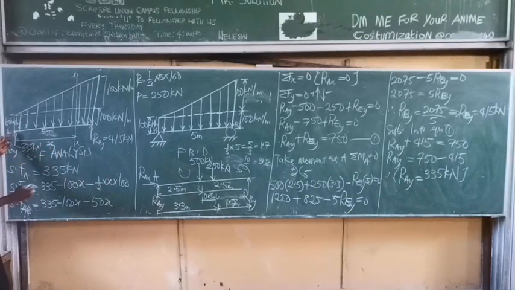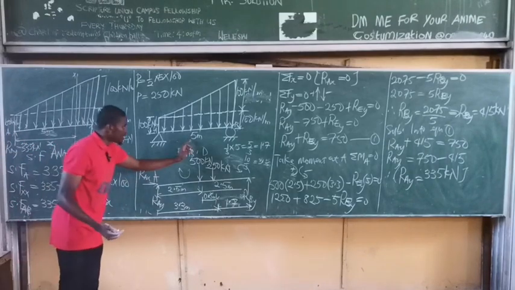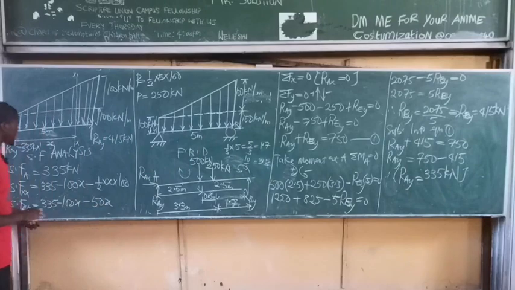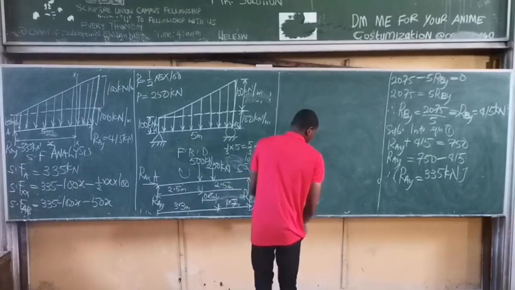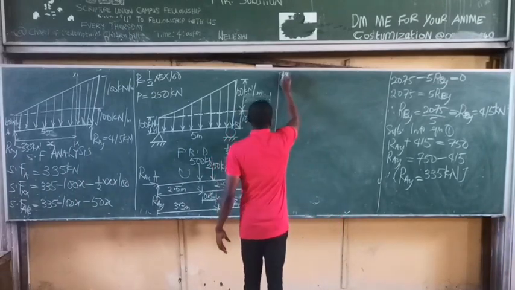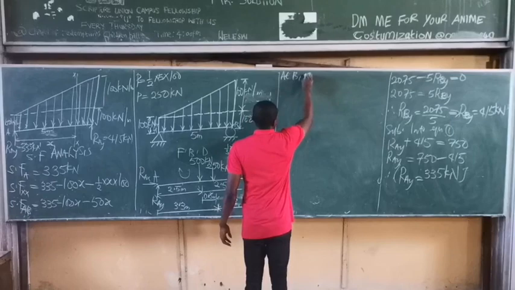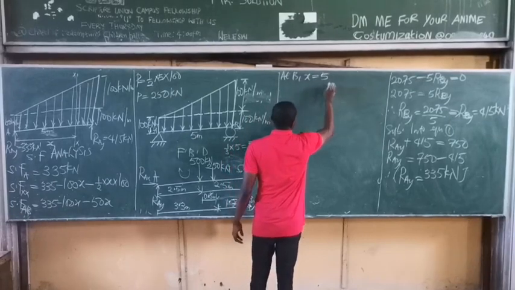So at point B, x becomes the total length of the UVL, which is simply 5 meters. At B, x extends from point A down to point B, which becomes the length of the UVL, as can be seen here. The length of the UVL is simply 5 meters. So at B, x is equal to 5.